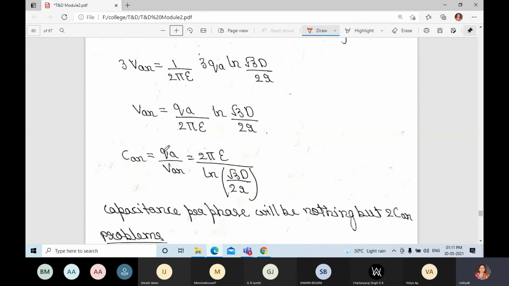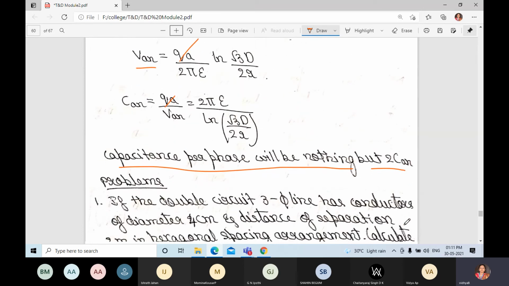So CAN is equal to QA divided by VAN; substituting the value of VAN, QA gets cancelled. So 2 pi epsilon divided by ln square root of 3 into D divided by 2R. The capacitance per phase will be nothing but 2 times CAN.